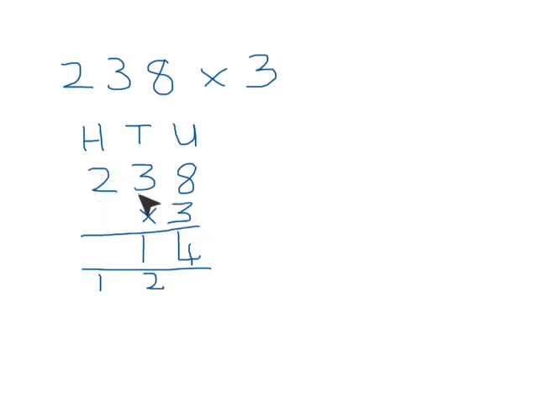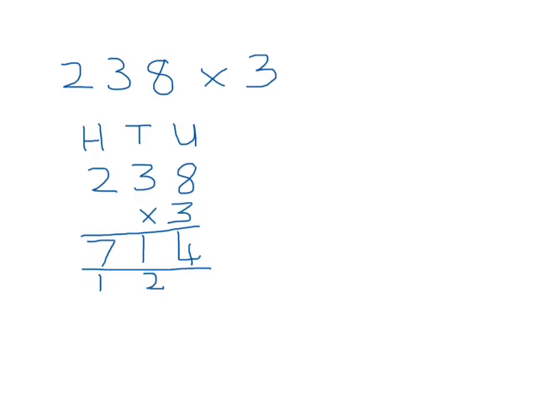And each child has a 200 note. So altogether, if there's 3 children and they each have 200, altogether they've got 6 hundreds. So they've got 6 of the 100 notes and the 100 here in the basement. So altogether they've got 7 hundreds, and we write the 7 in the answer.